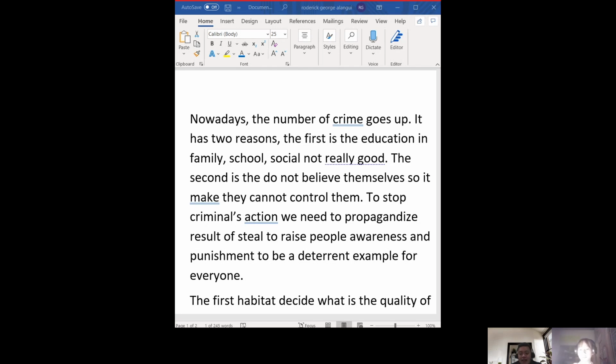For example, a thief, murder. Those are the crimes.